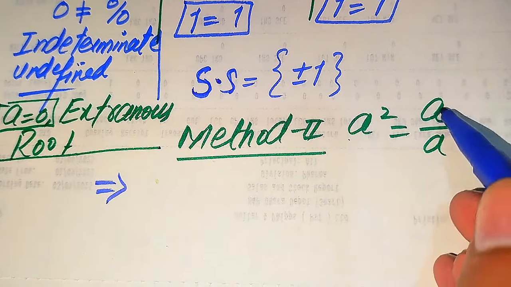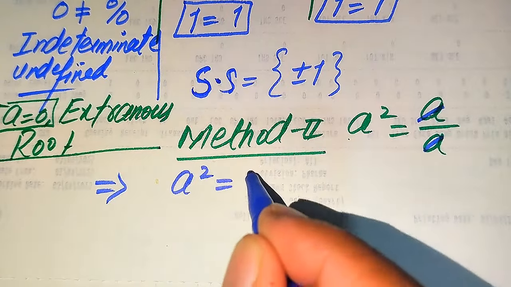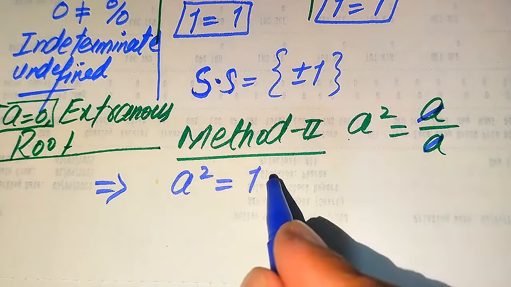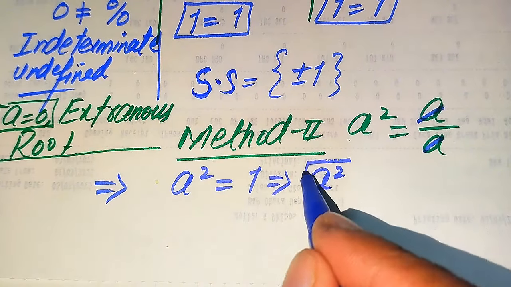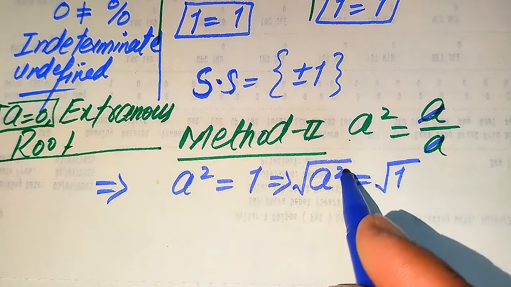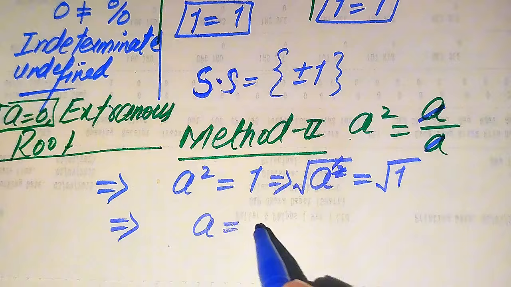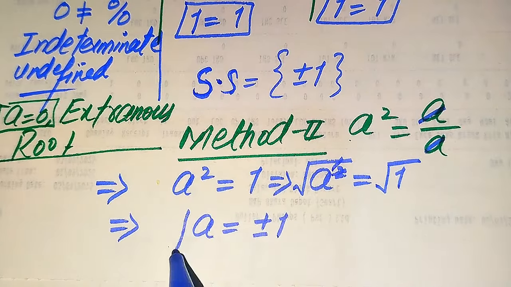So you see that this a is cancelled out by this a, and we obtain a square equals 1. And now for the values of a, we need to apply square root on both sides, and it becomes the square root of a square equals the square root of 1. So this square and this square root are gone, and we get a equals plus minus the square root of 1.